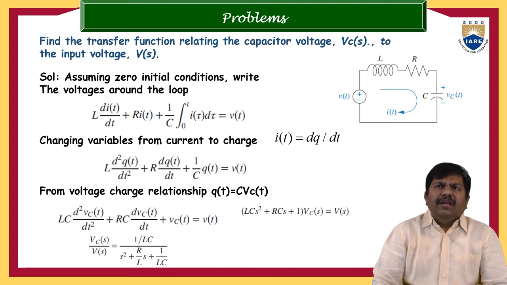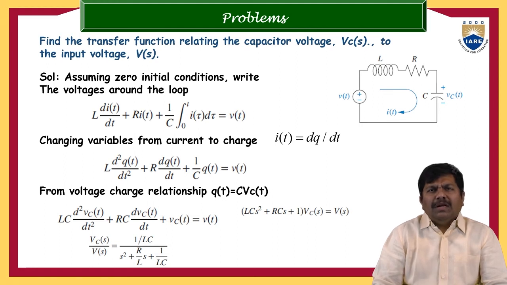Here the integration is over 0 to t, but we are ignoring the initial conditions. Exactly, the voltage across the capacitor is the integration between two time limits of I of t dt. That is the way of representing the voltage drop across the capacitor.